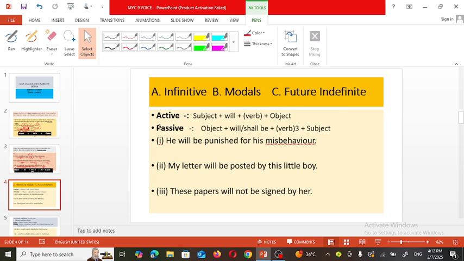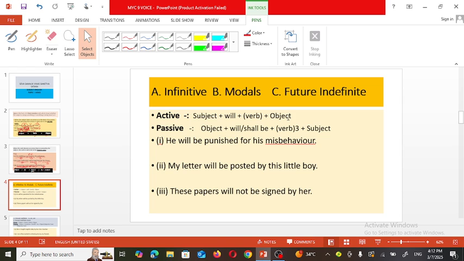Now, see if the verbs are infinitive, or modal auxiliaries are used, or future indefinite. In such cases, when the sentence is in active voice, the format can be subject plus will plus verb plus object.